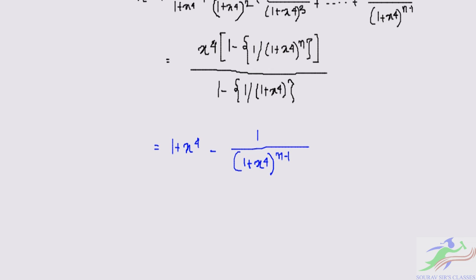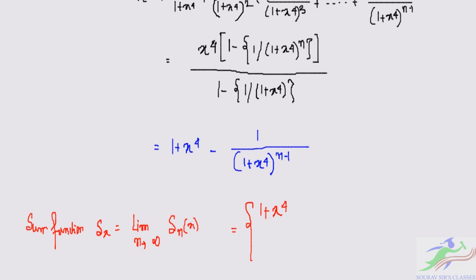Now the sum function S(x) is equal to the limit as n tends to infinity of the partial sum Sn(x). It will be equal to 1 plus x to the power 4 for x not equal to 0, and it is equal to 0 for x equal to 0.